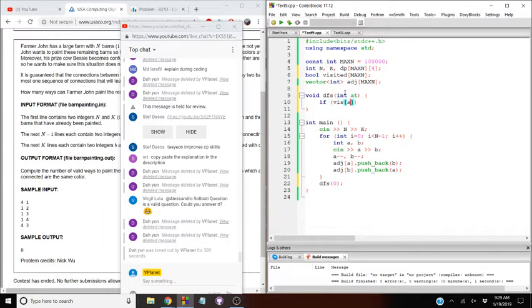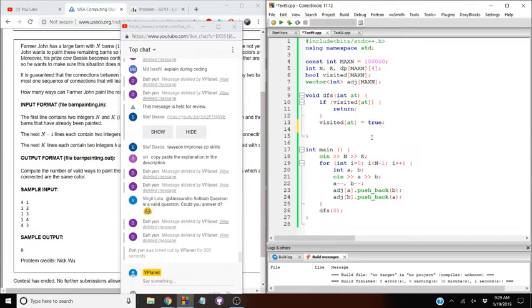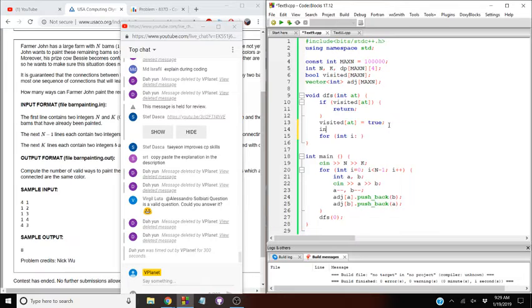If it's already visited, then we're done. Don't even bother looking at it. Otherwise, mark it as visited. And then for everything underneath you. Let's just have an int. Oh yeah, we also need color.